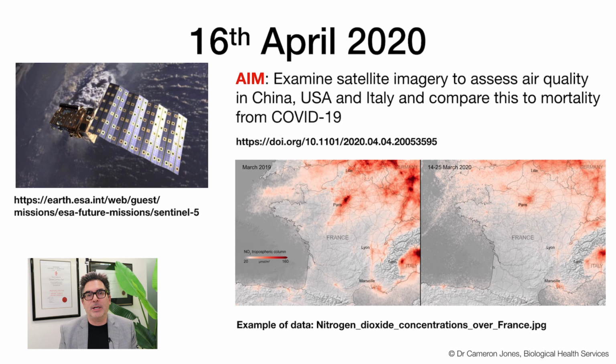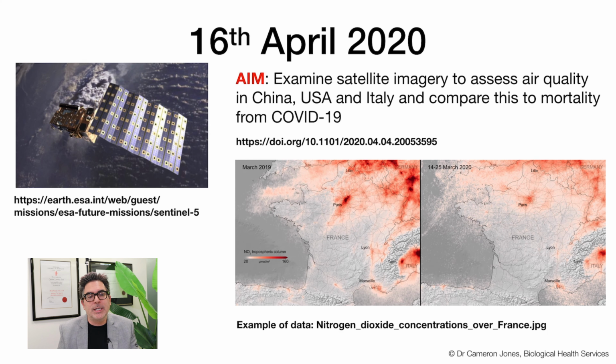Now, let's move on to the next publication from the 16th of April 2020. These academics reviewed not so much the particle counts measured on the ground, but satellite-based imagery, which is an alternative way of indexing pollution.